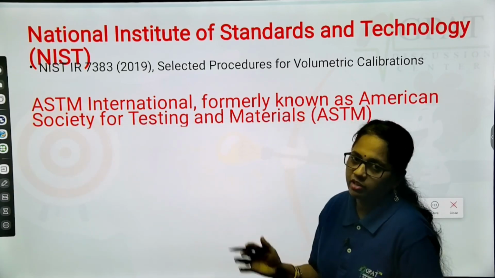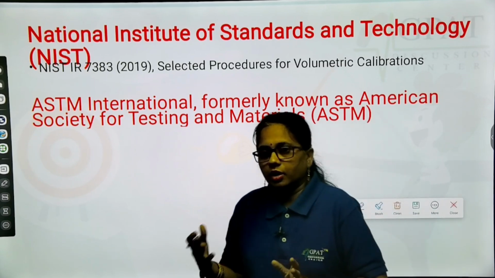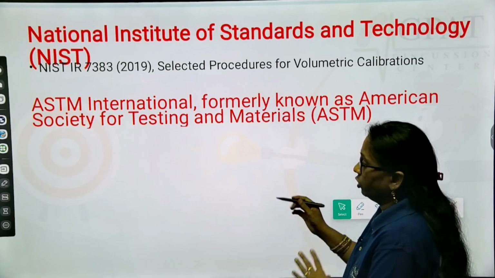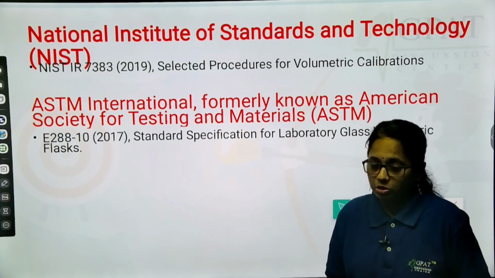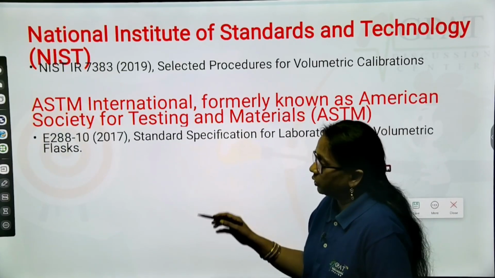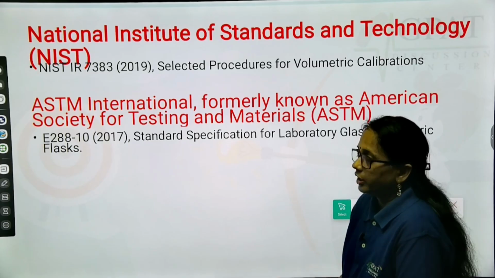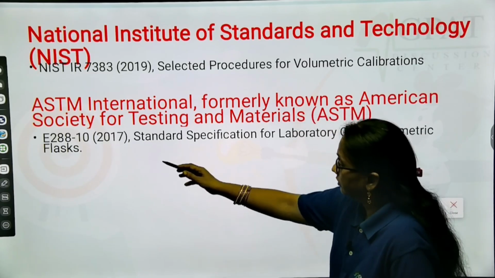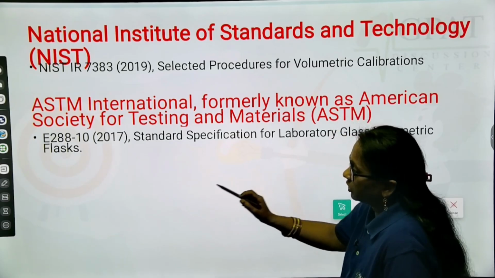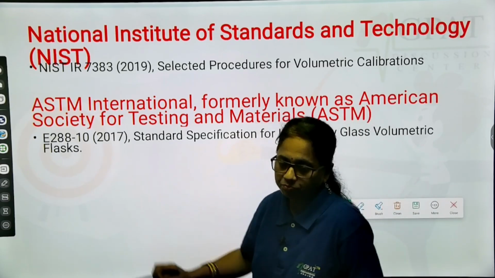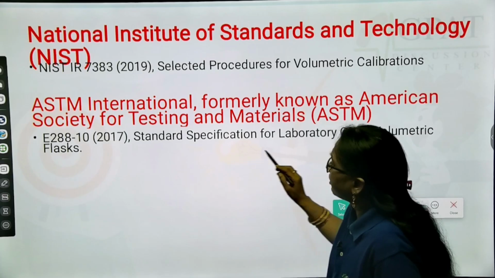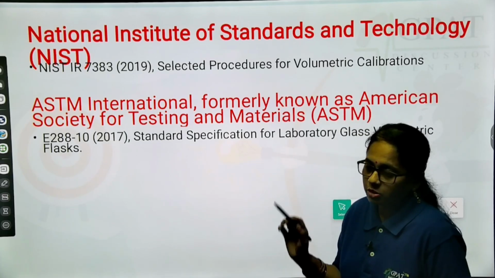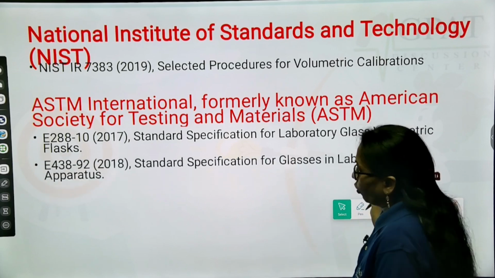ASTM standards cover all standard weights and measurements, and metrology departments also follow these ASTM standards. You will find many ASTM documents related to calibration of glassware. In 2017, there is a document, version 10, the standard specification for laboratory glass volumetric flasks. This one is specifically for the volumetric flask.